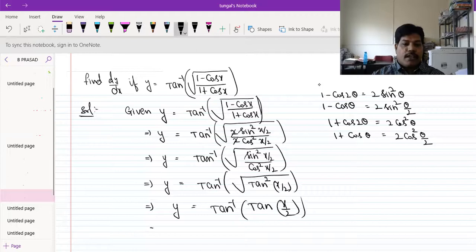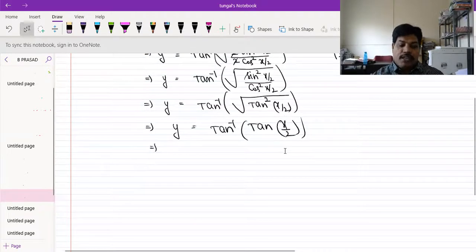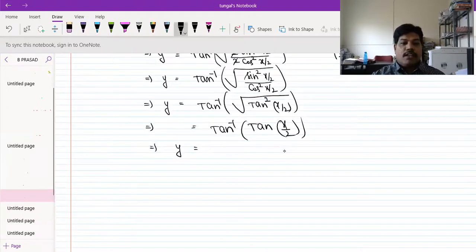The square and the root will be cancelled. So here then what we will get, y is equal to tan inverse of tan x by 2. These two will be cancelled here, students. So then what we will get, it will become x by 2.